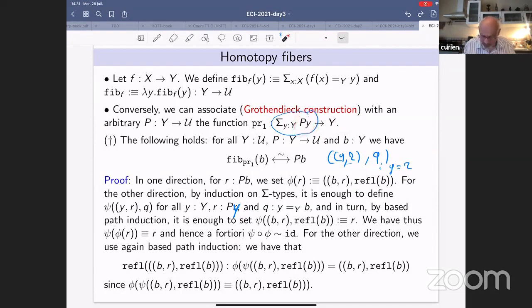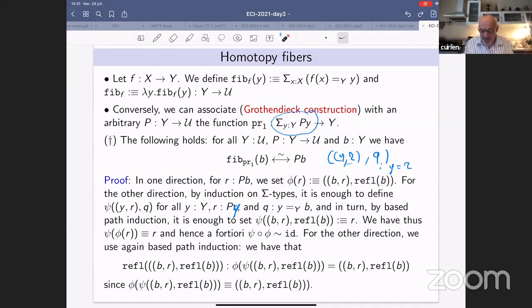Oh, sorry, no, I take it back. I'm speaking about R. This R here is a member of PY. But what I mean is that all that matters is when Y is actually B and R is an element of PB.